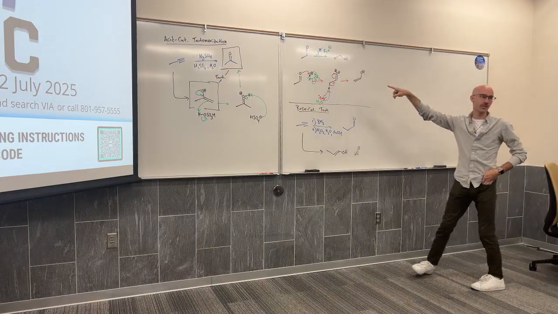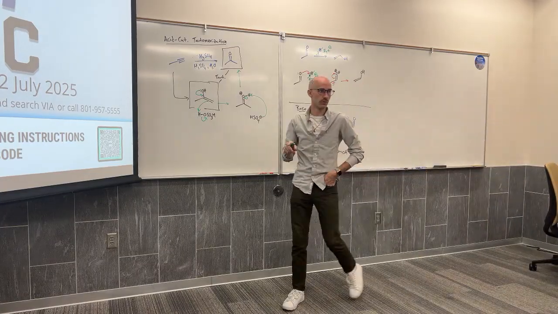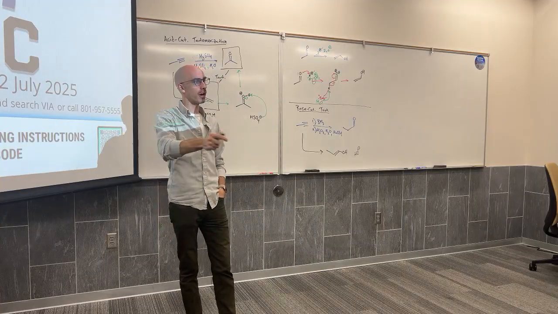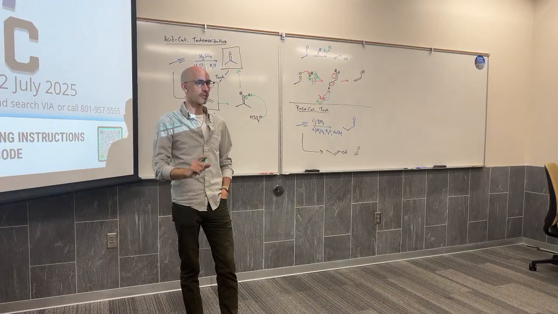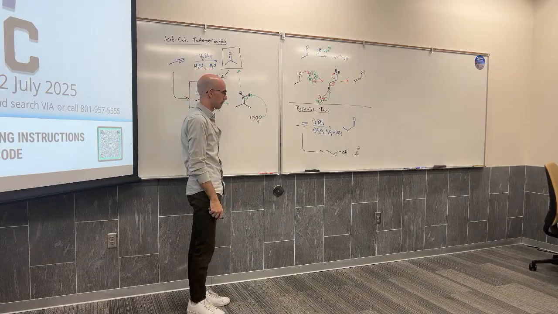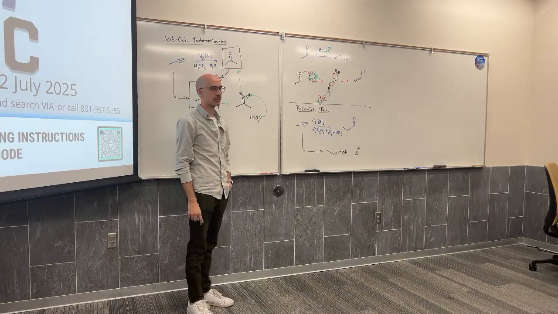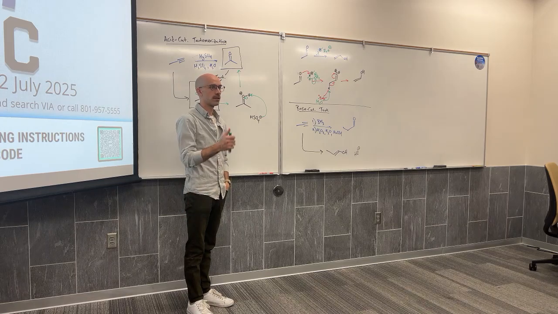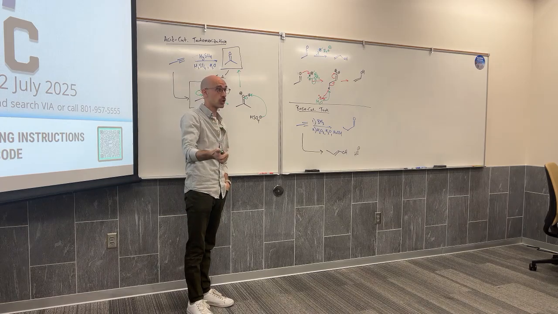In acidic conditions, what is the first thing you should do? Protonate something. Put a positive charge on your substrate. Look for the most basic atom, protonate it. In basic conditions, or nucleophilic conditions, what should you do? If there's something acidic, you should deprotonate it.